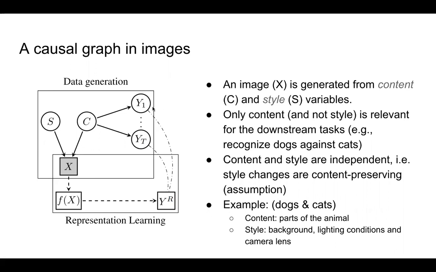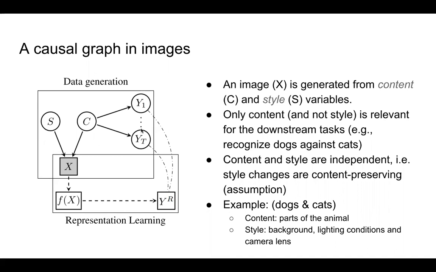So here in this causal graph, let's first just focus on S and C. S is the style, C is the content, and they both cause or generate the image X, and only C, the content, is relevant to our task labels Y1 until YT.